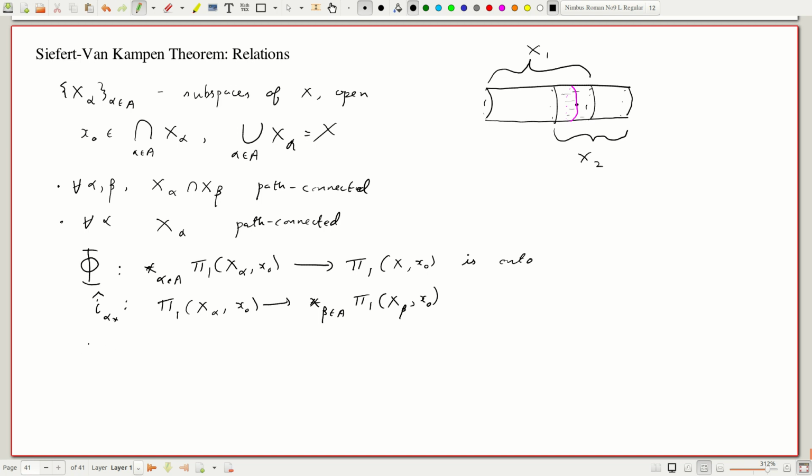So what is the relation in terms of this map and another map? The other map is, let's say, j alpha beta. This is the map from X alpha intersection X beta into X alpha. This is an inclusion.